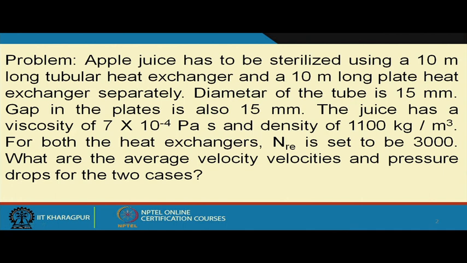The juice has a viscosity of 7 × 10⁻⁴ Pascal second and density of 1100 kg per meter cube. For both the heat exchangers, Reynolds number NRe is said to be 3000. You can take it 2000, you can take it 1500. This is just for an example. What are the average velocities and pressure drops for the two cases, right?